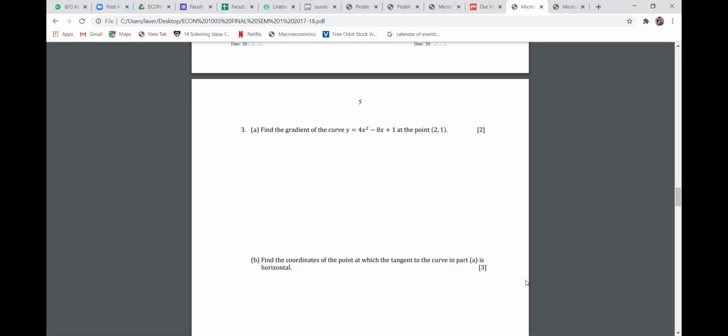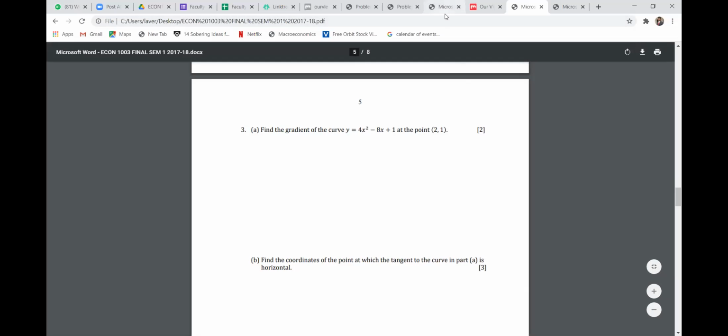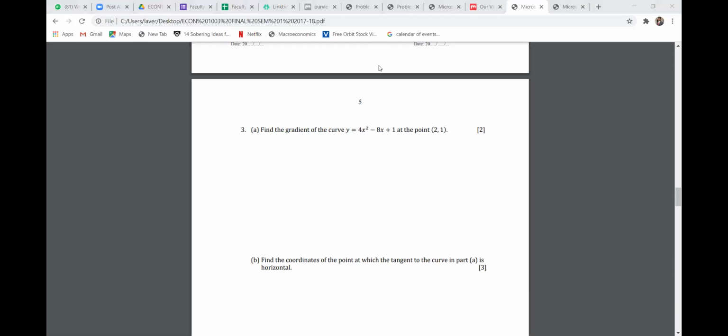Now, when it's asking you to find the gradient of a function, all it's asking you to do is to find the differentiation of the function and then plug in the values that they gave you, which are the 2 and the 1. We know that the 2 is equal to x and the 1 is equal to y, right? So let's find the differentiation of the function and then plug in those values.